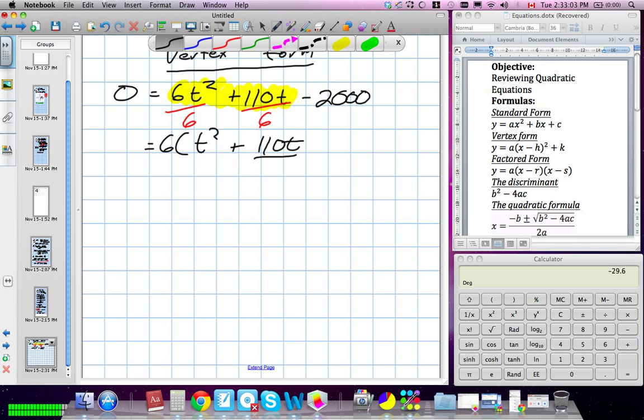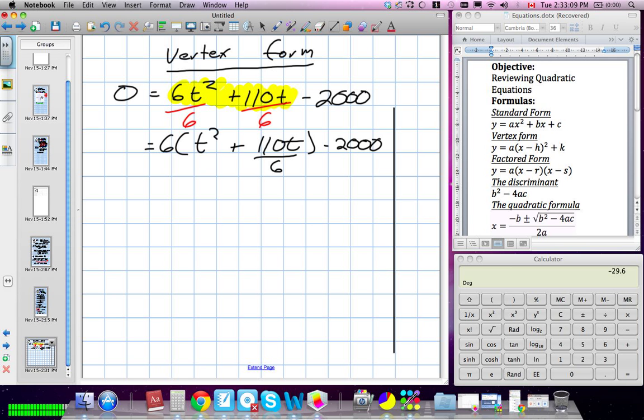We have to take our b value, divide it by 2 and square it, which is going to be 110 divided by 6 times 2, squared. 110 over 12.